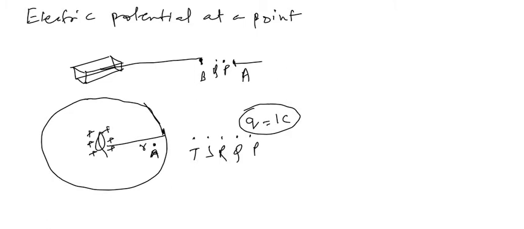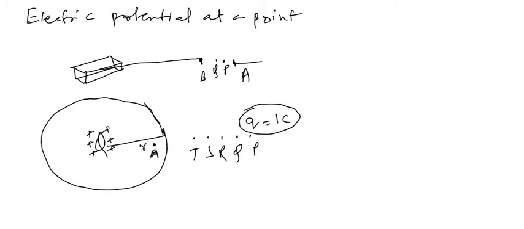For holding this 1 coulomb charge at point A, we are required to do work. We are required to exert a force so that this test charge may remain stationary at point A. We are required to do work.